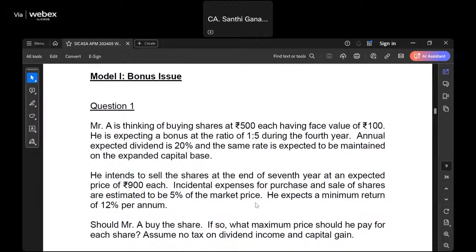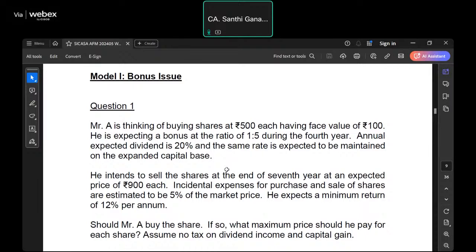Now, what is the dividend? Is there any mention as to how many shares he has bought? We can assume he is buying 5 shares because the bonus is 1:5. So let us say he purchased 5 shares. He will get a dividend at 20% on face value.